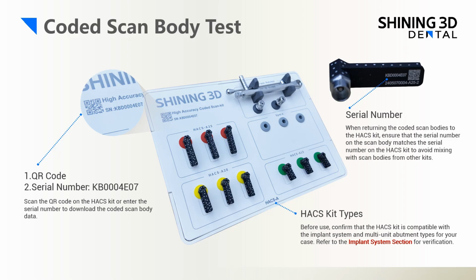The QR code and the serial number on the top left corner of the box are used to download the scan body data from the cloud. Each scan body also has the high accuracy coded scan body serial number marked on it. When returning the coded scan bodies to the kit box, ensure that the serial number on the scan body matches the serial number on the kit box to avoid mixing the scan bodies from other kits.